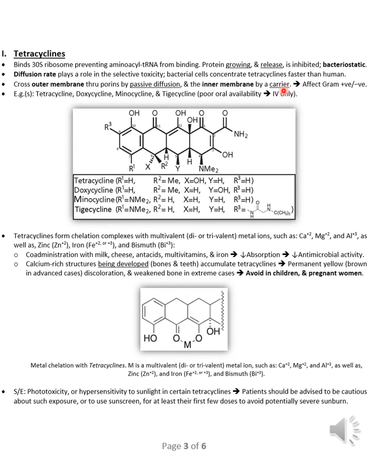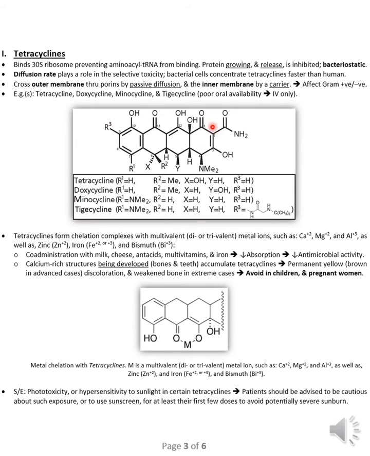So this is an active process, this is a passive process. Therefore, they can affect both the gram-positive and gram-negative bacteria. Examples of tetracyclines are tetracycline, doxycycline, minocycline, and tigecycline, which this last one has poor oral availability, so it's typically given in IV infusion only.